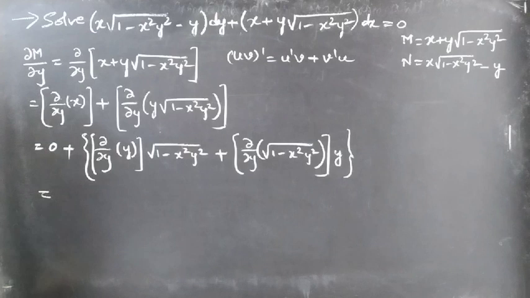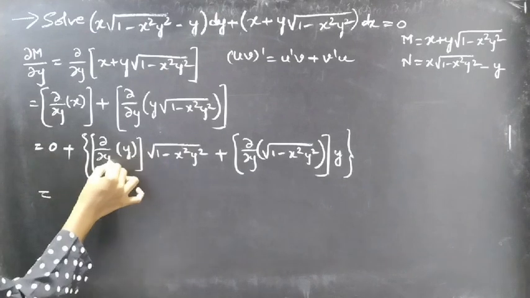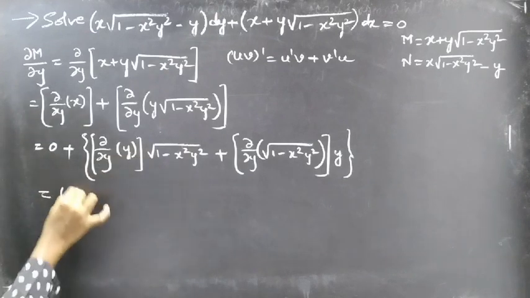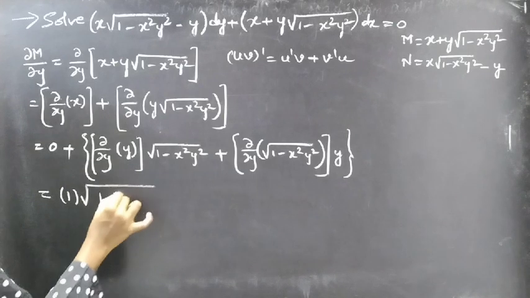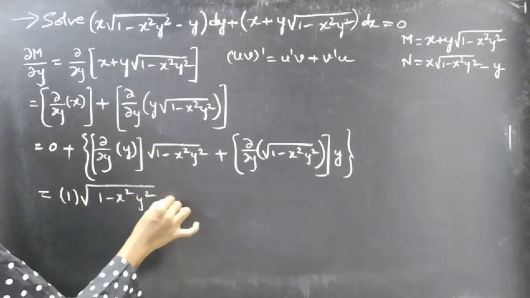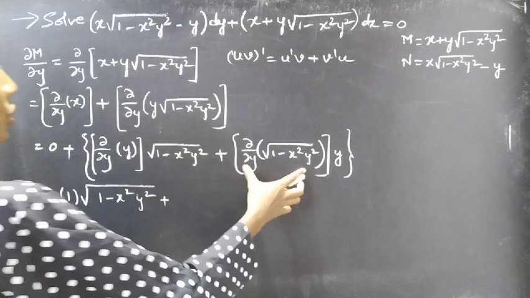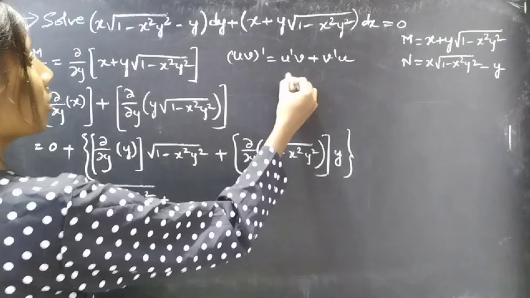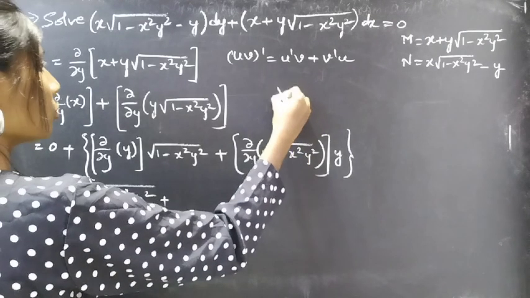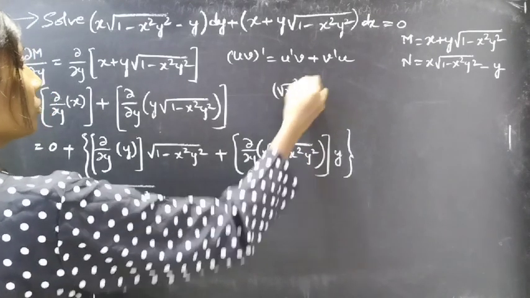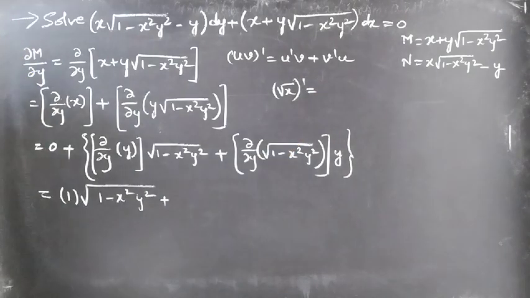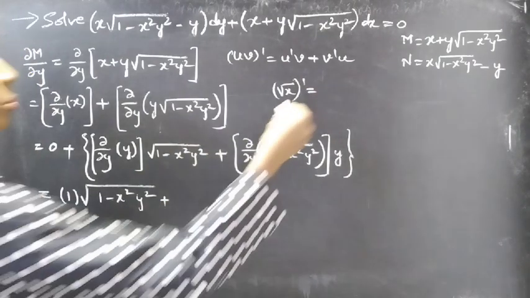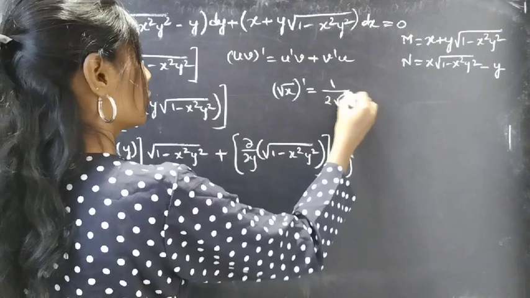This is equal to: the partial derivative of y with respect to y is 1 into square root of 1 minus x square y square, plus the partial derivative of, we know the derivative of root x is 1 by 2 root x, right?